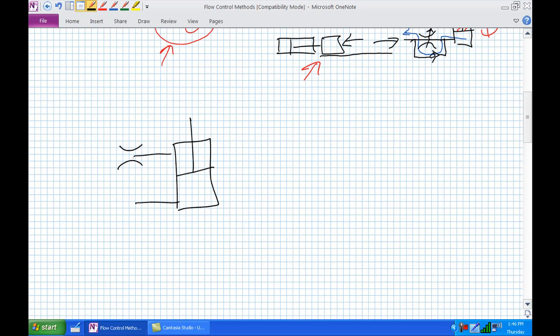I know you're controlling the flow rate that's entering this rod end. And I know that you're controlling the extension of this thing this way.